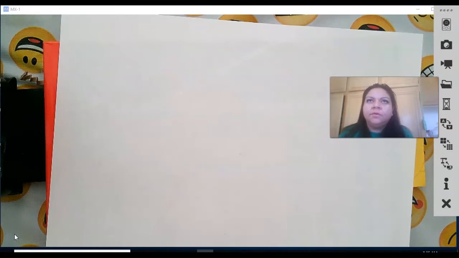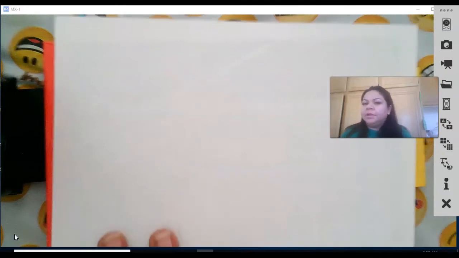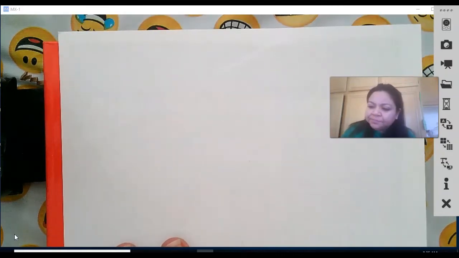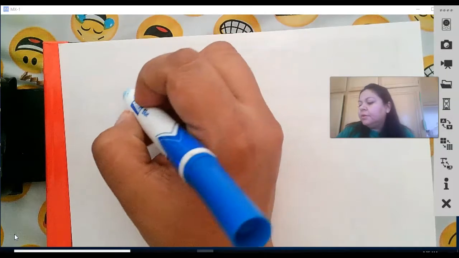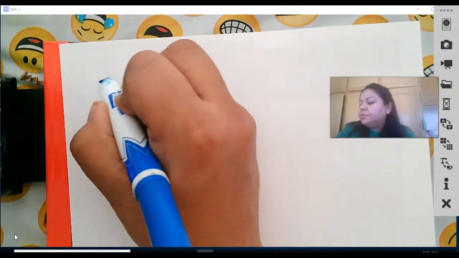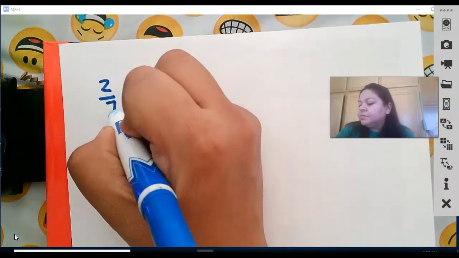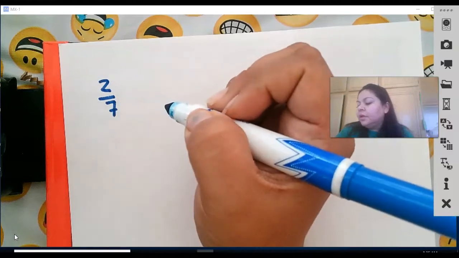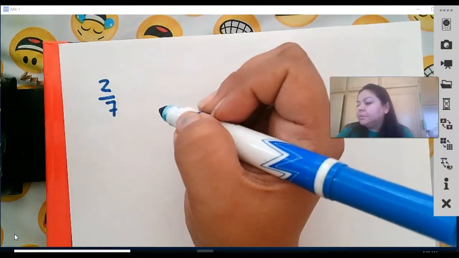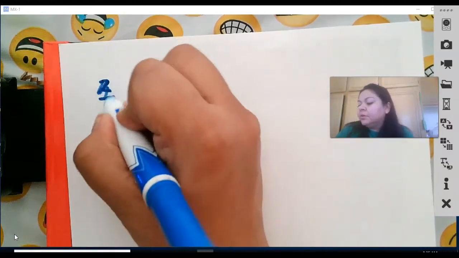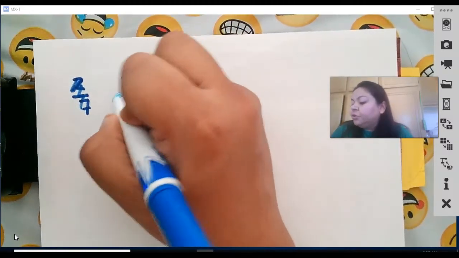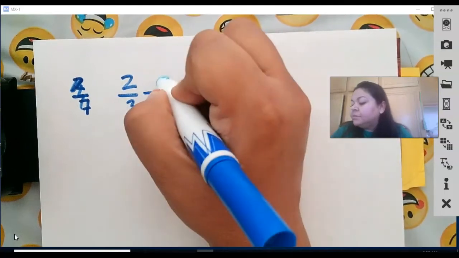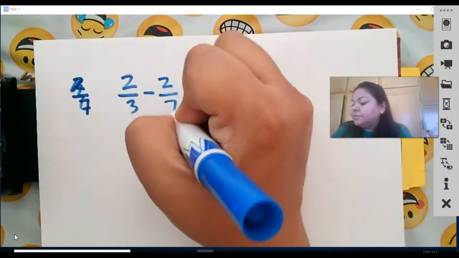Okay, I'm going to give you another example, but now I'm going to do it with subtraction. So, for example, I'm going to say that I have 2/3 minus 2/7.